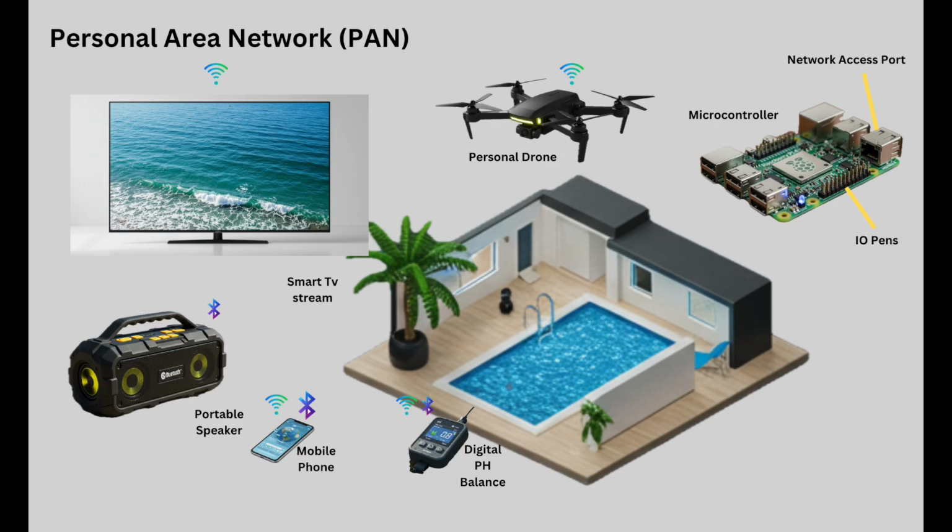The first network that I want to talk about is the PAN, or the Personal Area Network. This can be used to share data between personal computers, mobile devices, and wearable technology, or even drones, or small devices. And this is what a lot of people use for the Internet of Things.